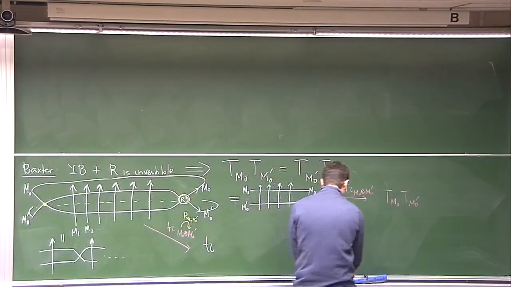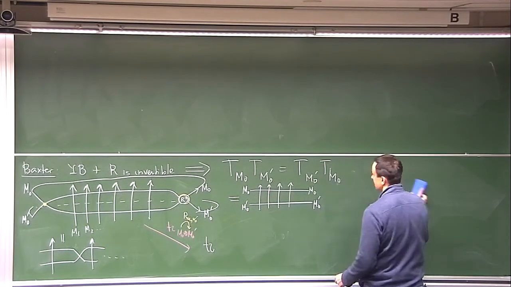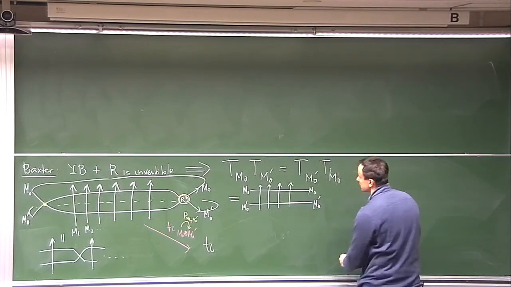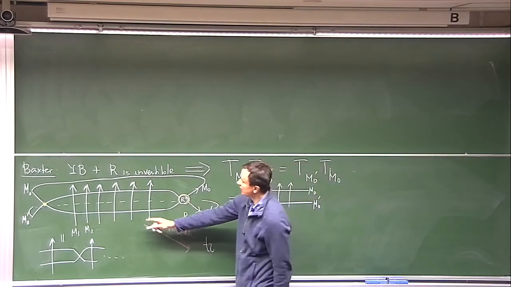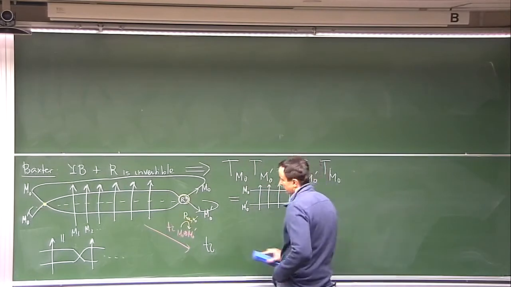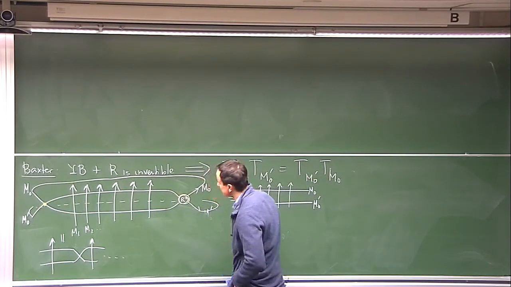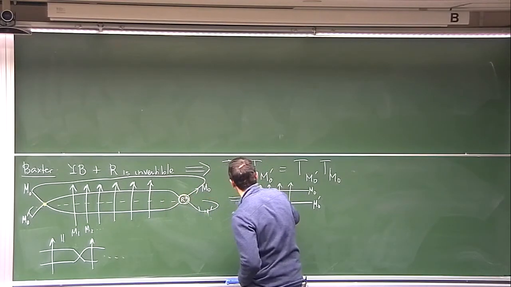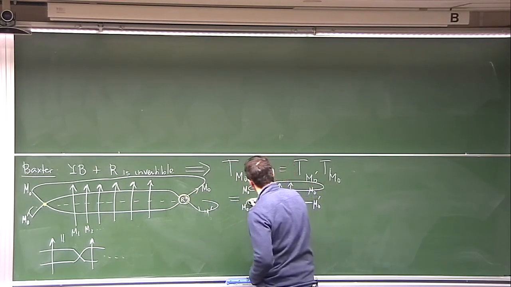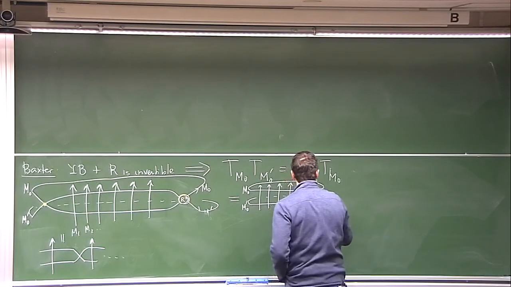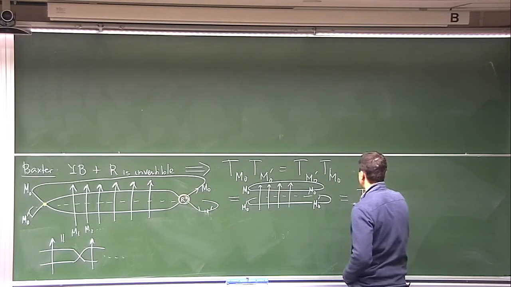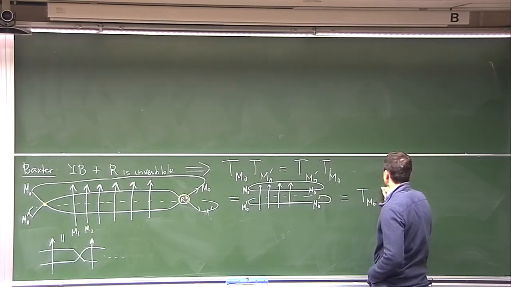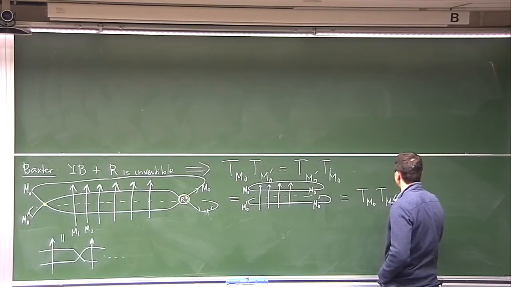Maybe let's do it like this. Let's just loop this thing. And so here these guys are looped like this. And this is the T M0, T M0 prime.